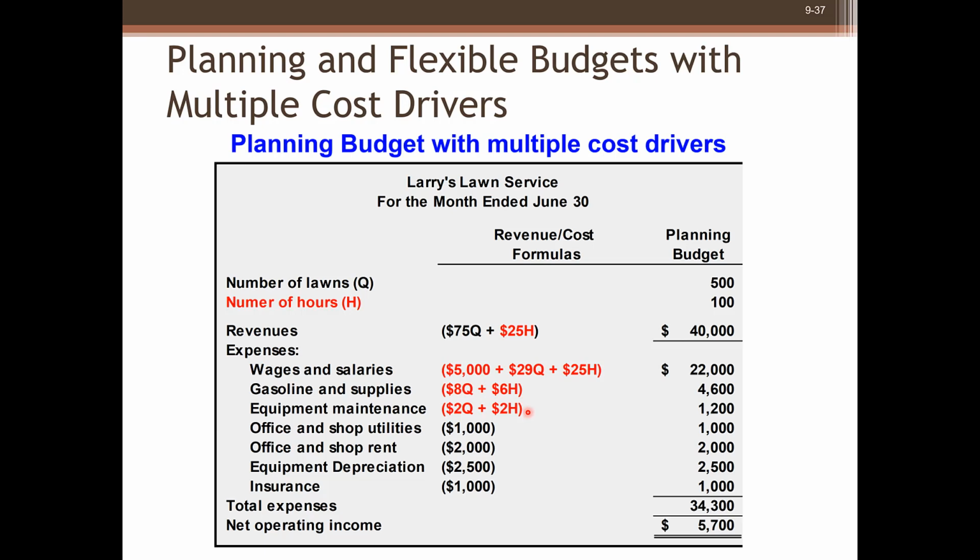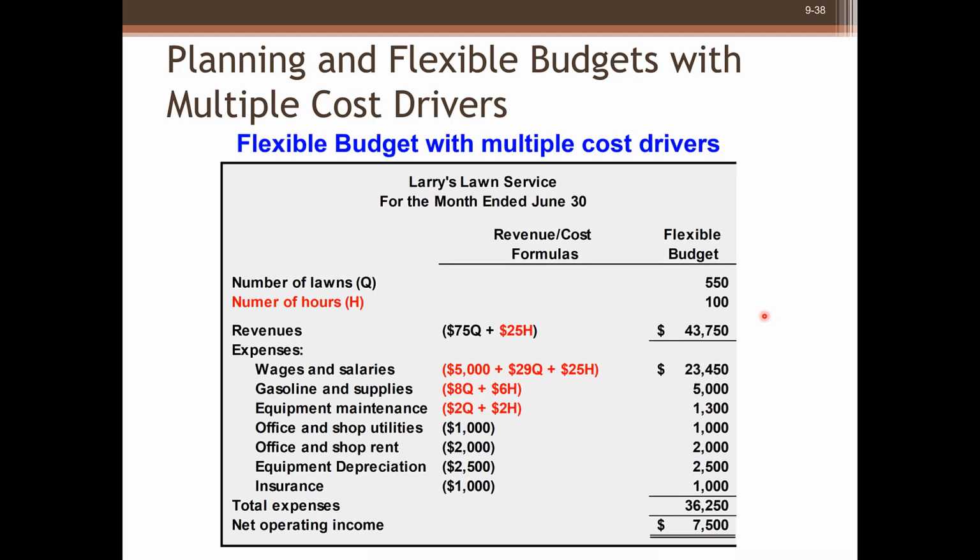And equipment maintenance, $2 per lawn plus $2 per hour. For other expenses, they're fixed. Total expenses here, $34,300. We subtract total expenses from revenues and we can get net operating income, $5,700.